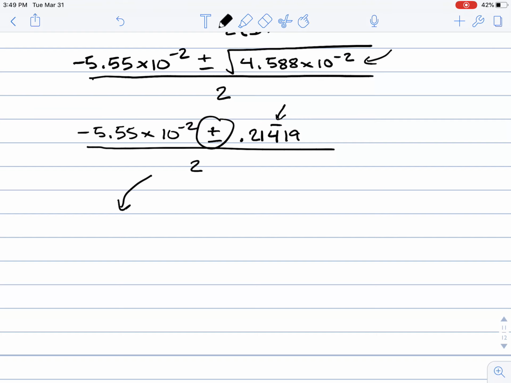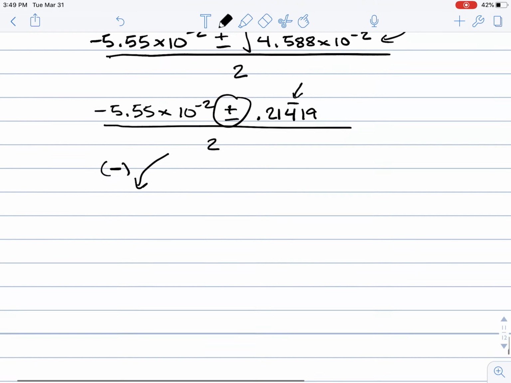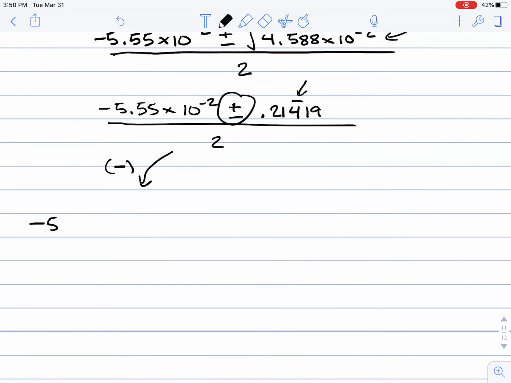So if I'm looking at the negative version, it's going to be negative 5.55 times 10 to the negative 2 minus 0.21419. Divided this by 2.